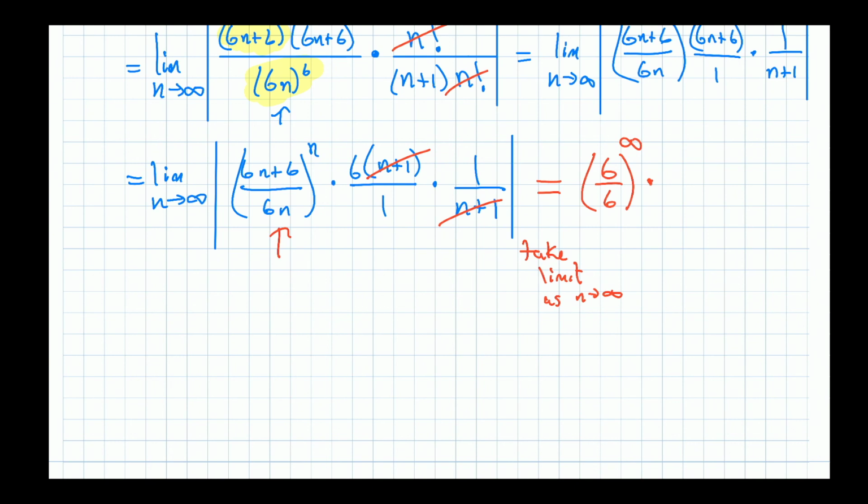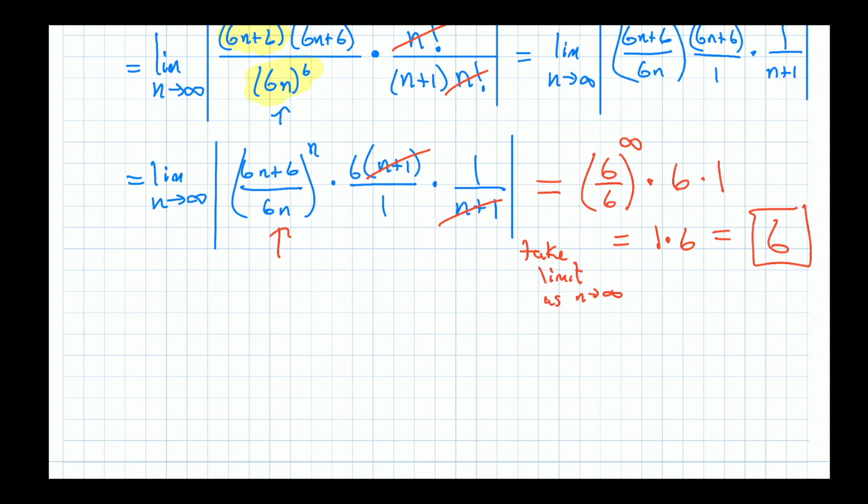And then the middle one, there's no n's, it's just a 6. And then the last one, there is no last one anymore, right? So the last one is just 1 here. So what am I going to get? 1 to the infinity is 1, so I get 1 times 6, which is 6. So the limit is 6.